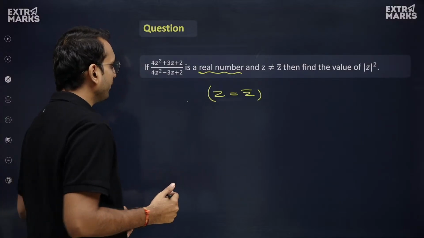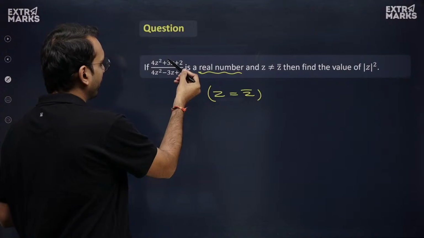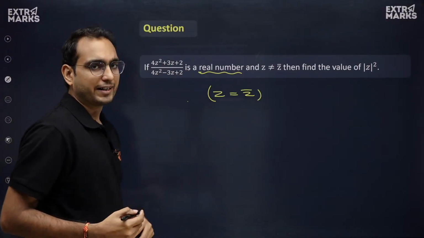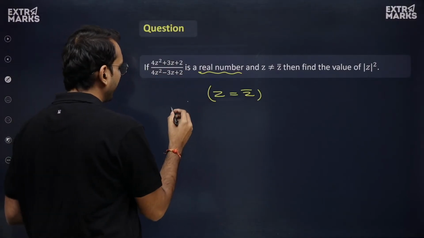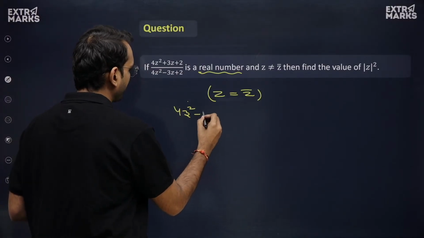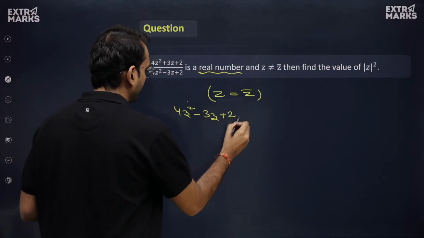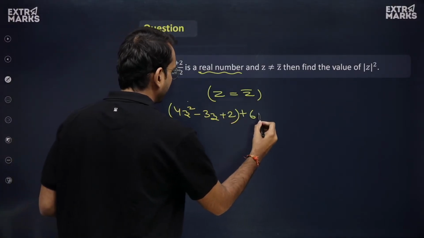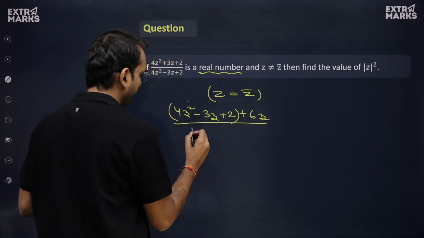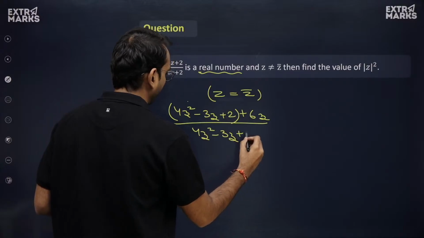How can we do that? See, 4z square, 2, 2. In the numerator it is plus 3z and in the denominator it is minus 3z. So what we can do is add and subtract 3z in the numerator. So it will become (4z square minus 3z plus 2 plus 6z) upon (4z square minus 3z plus 2), right?